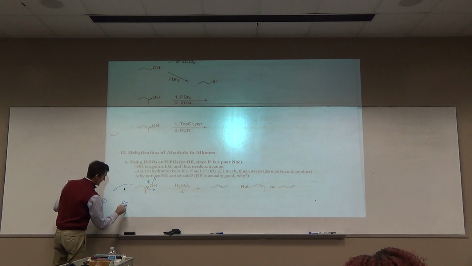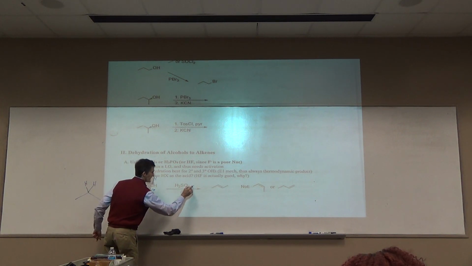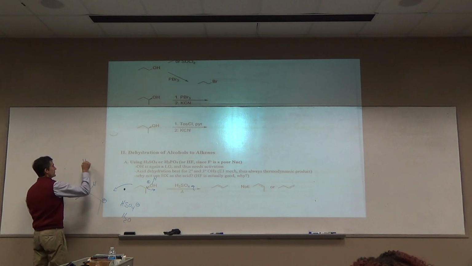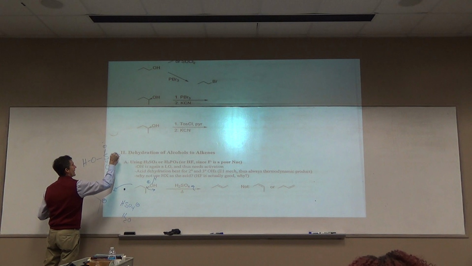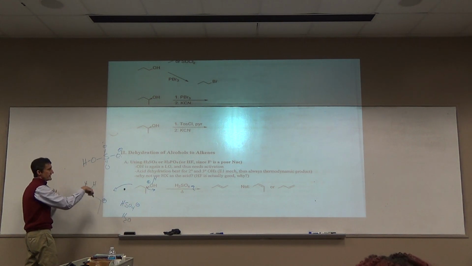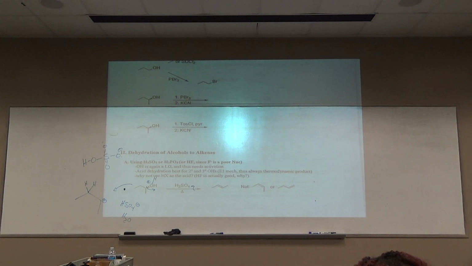We have HSO4 minus. We also have H2O because this is an aqueous acid. Now, as you saw me in organic, I like to always use the conjugate base here. And we need to show full structure. We should never work with a condensed structure in a mechanism.